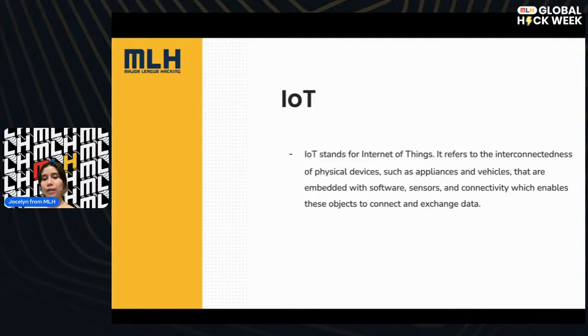They have to be embedded with software, sensors, and for sure, connectivity with the network. Why? Because if you want to send information, you need some sort of connection with your Wi-Fi or whatever method of internet that you are using in order to exchange data.